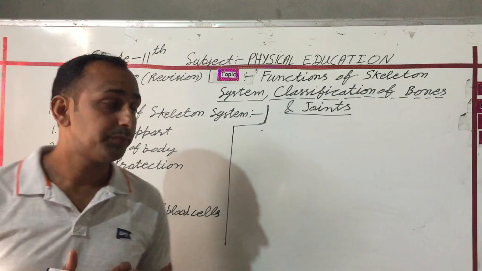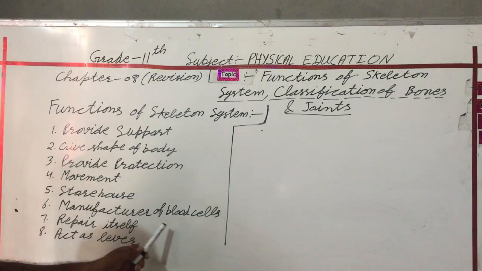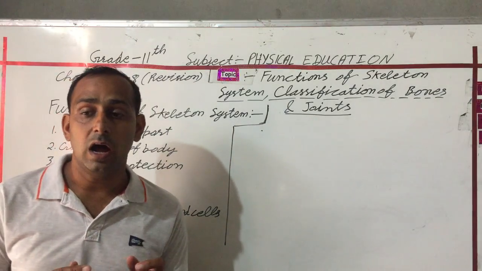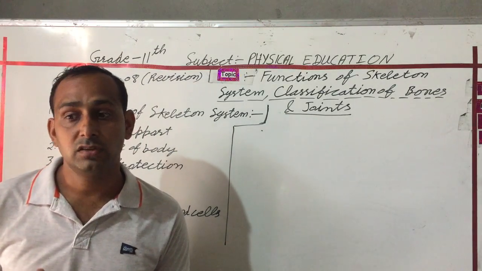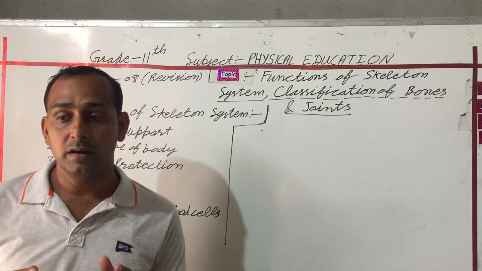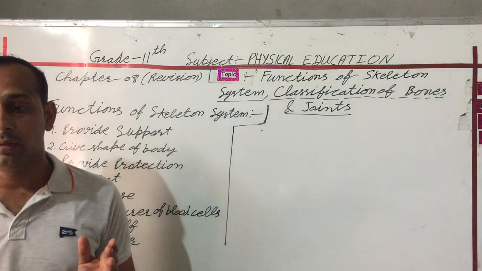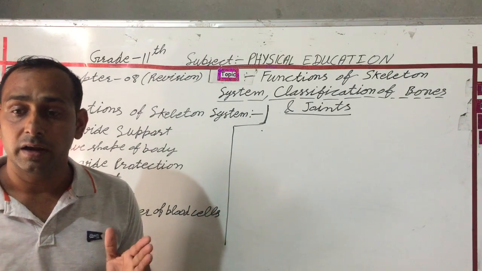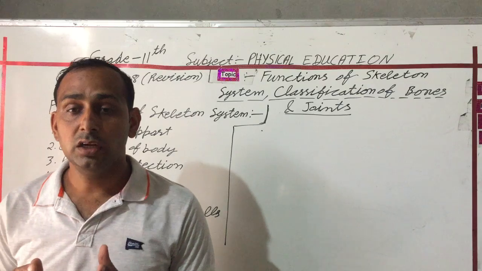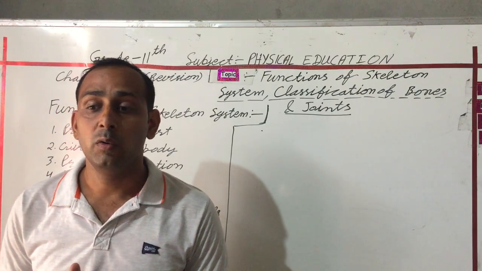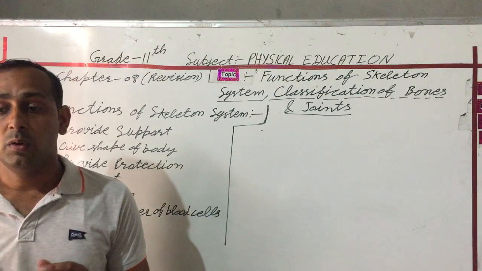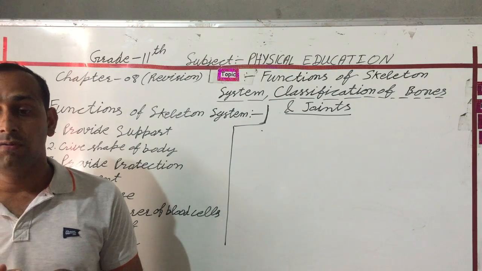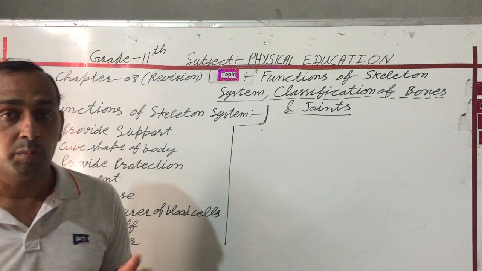Next is the manufacture of blood cells. Bones are capable of manufacturing red blood cells, and RBC production takes place in the bone marrow. Bone marrow is found in the center of long bones.